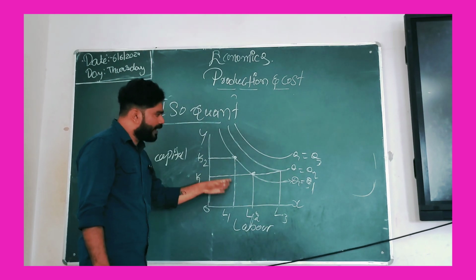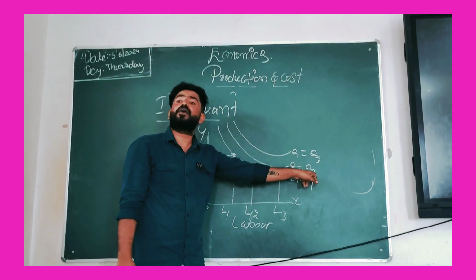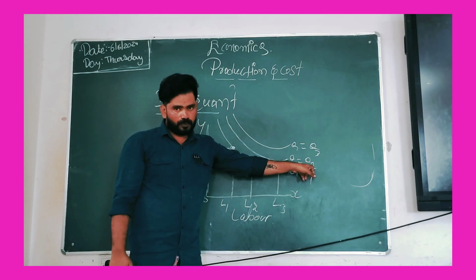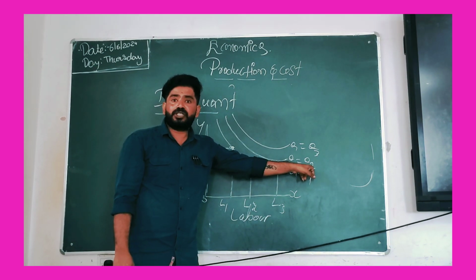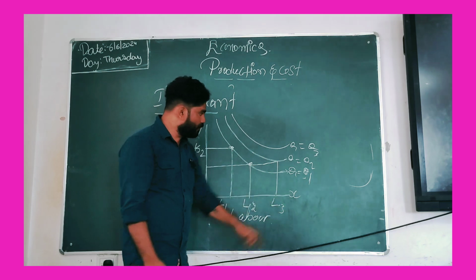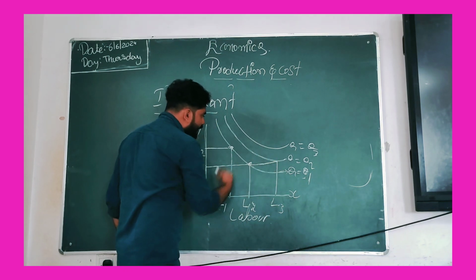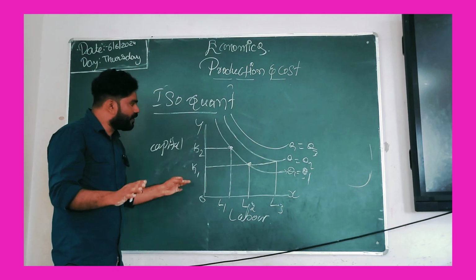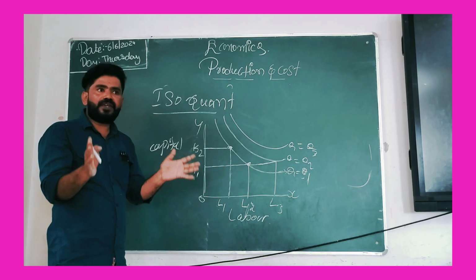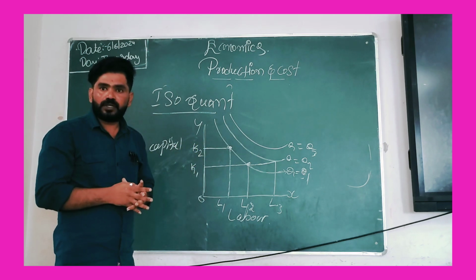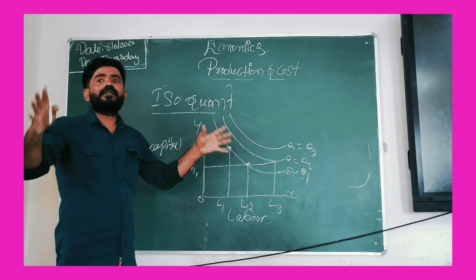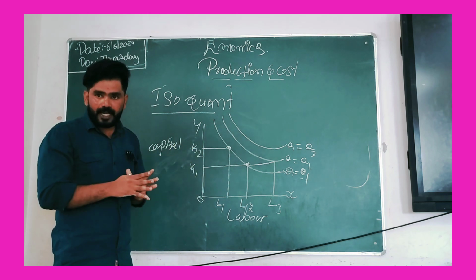The firm had the Q2 level of output. Understand, each and every firm uses variable inputs and increases its production.